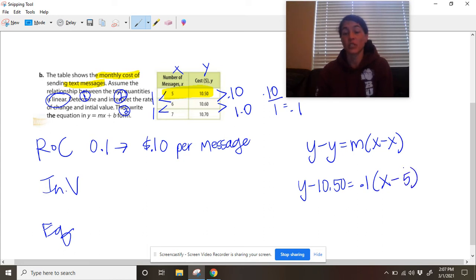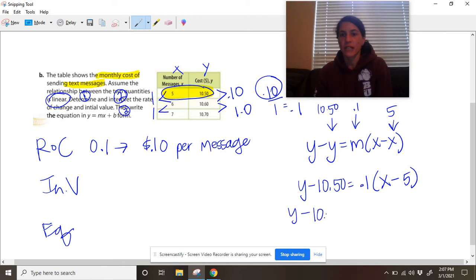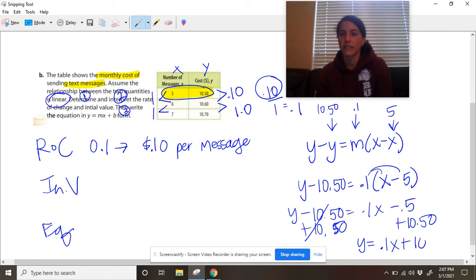I just substituted in the slope, and then I put in 10.50 and 5. I got it from here and here. So y minus 10.50, and then we distribute: 0.1x minus 0.5. I add 10.50 plus 10.50. So y equals 0.1x plus 10.